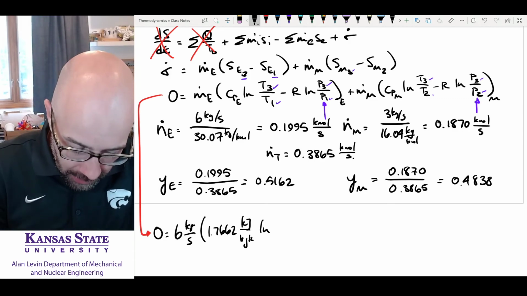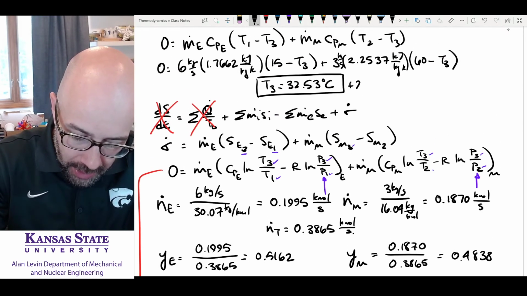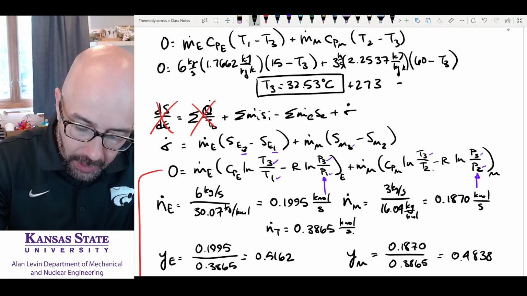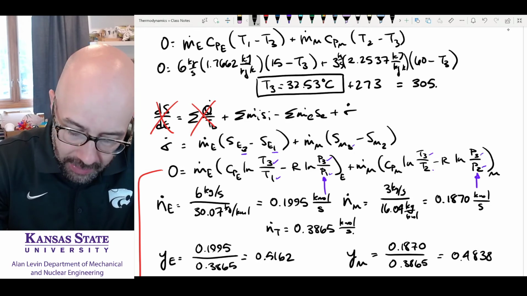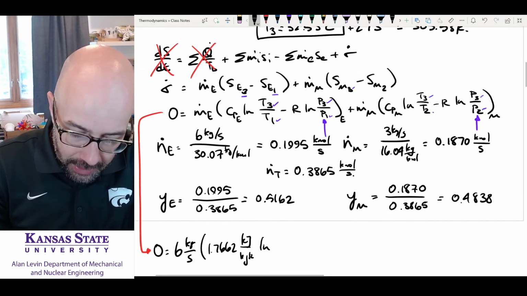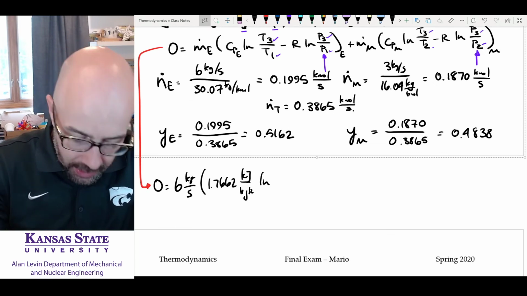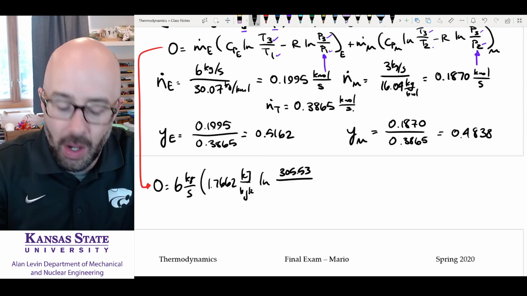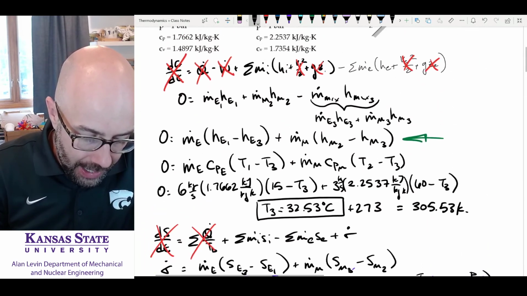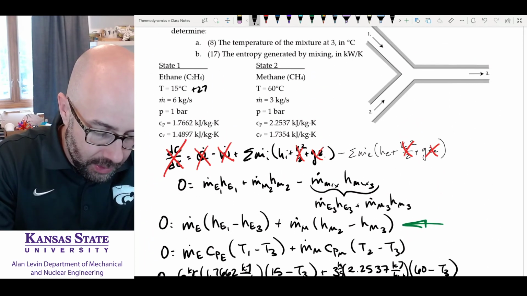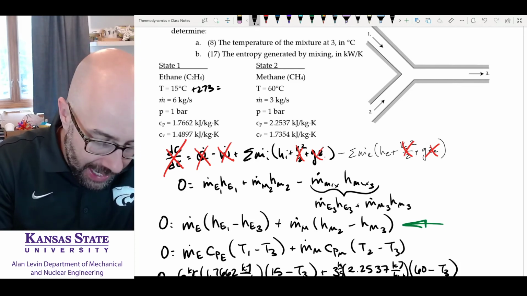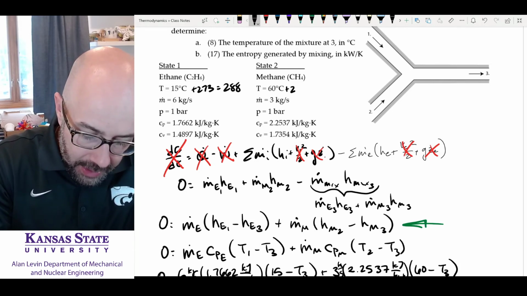So this is going to be my temperature 3, which is 305.53 Kelvin. That goes over my original temperature, which was 15 plus 273, equal to 288. And this other one is plus 273, which is going to be equal to 333.